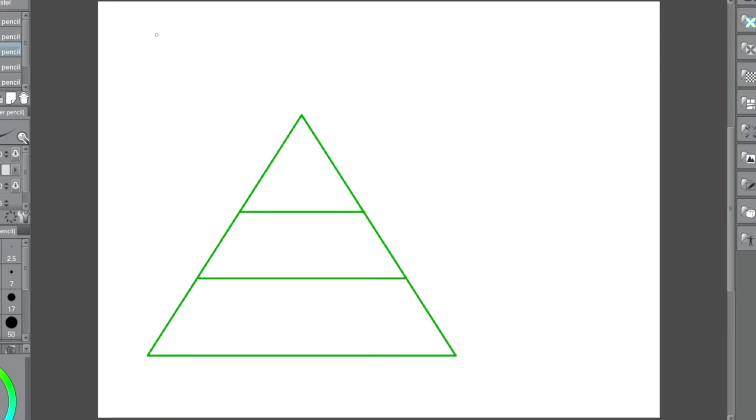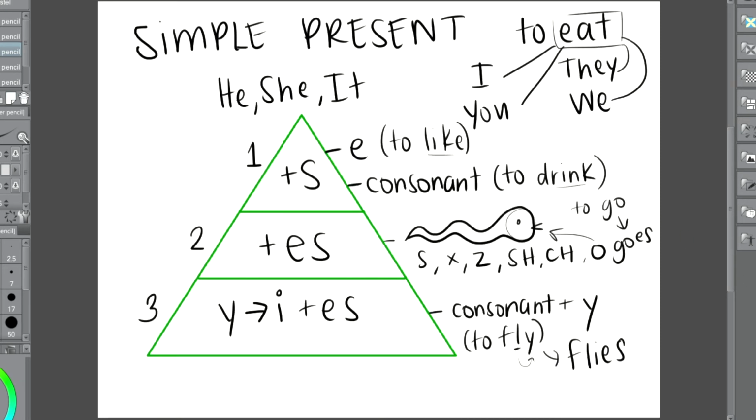So let's look at the simple past together. Let me write that up at the top. Now, if you remember, in the simple present, we only use these rules for he, she, and it, correct? For I, you, they, and we, the verb stays the same.